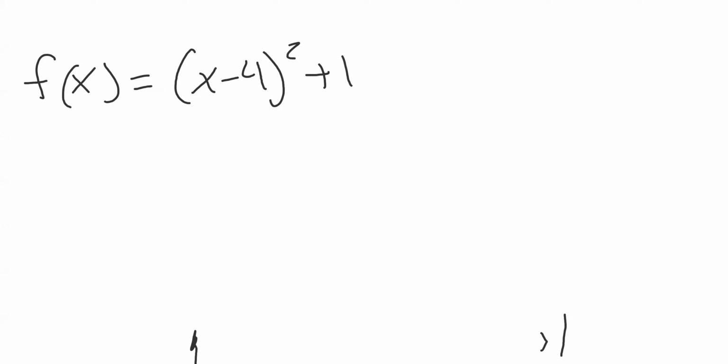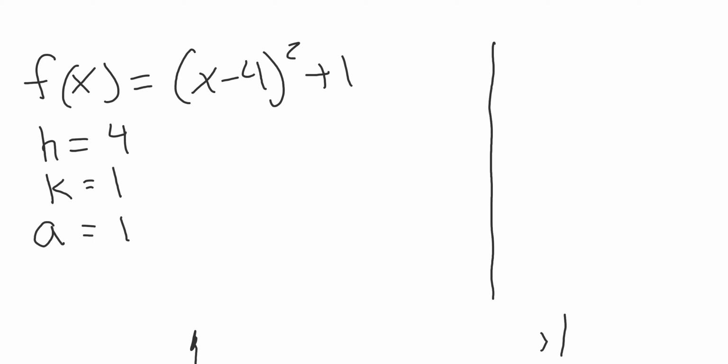So we want to identify our h and our k. Our h is going to be a 4, and our k is going to be a 1. And then we want to identify whether we have any stretches or not. So our a is just a 1. It's not going to be stretched at all.